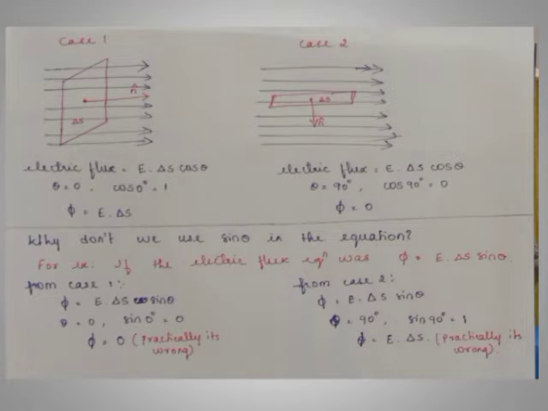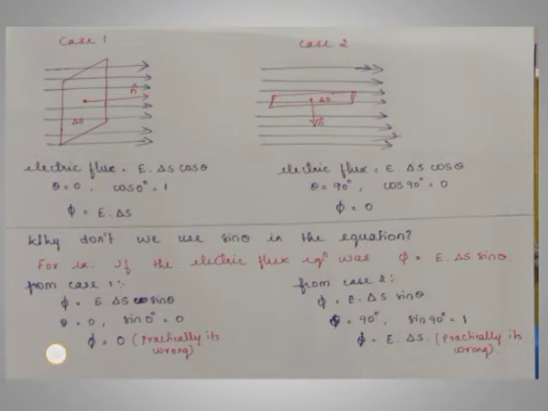Now why don't we use sine theta in the equation? Just imagine if the electric flux equation was phi is equal to E dot delta S sine theta. If I consider case 1 again with this picture, what is the angle between the direction vector and the electric field? It is 0. So what about sine 0 degree? It is 0.